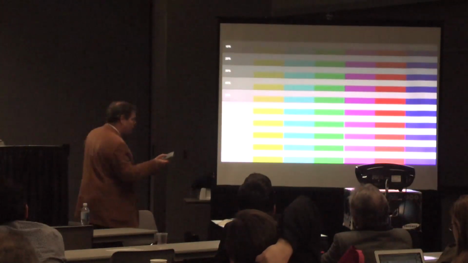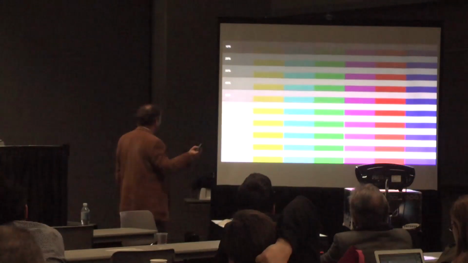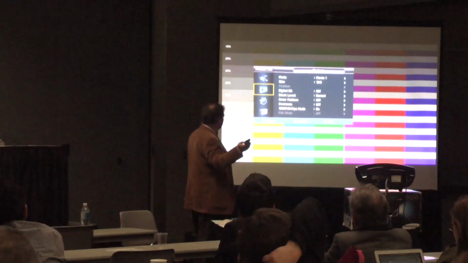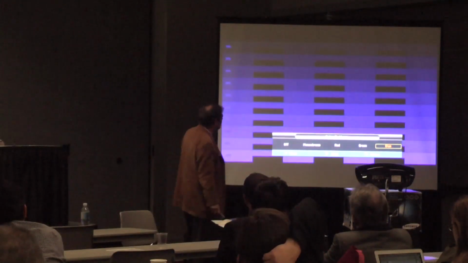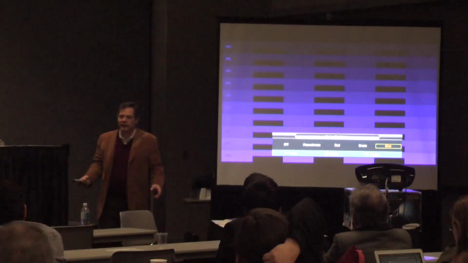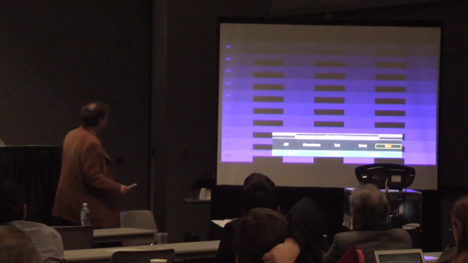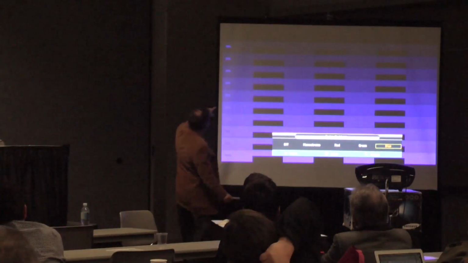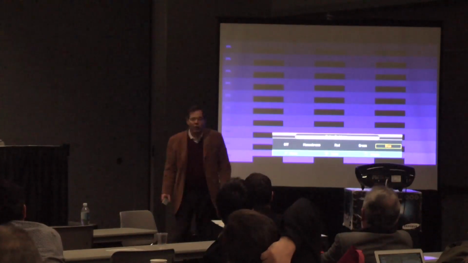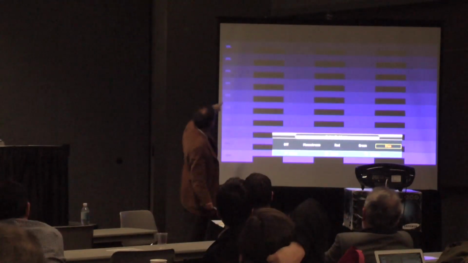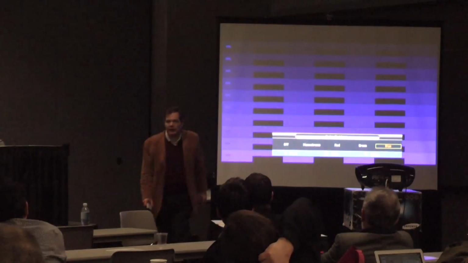And so what I do is I go into the projector and I look at blue only, and there's way too much light on the screen. But you can see that the blue decoding and the reference match all the way from 100% to 10%.